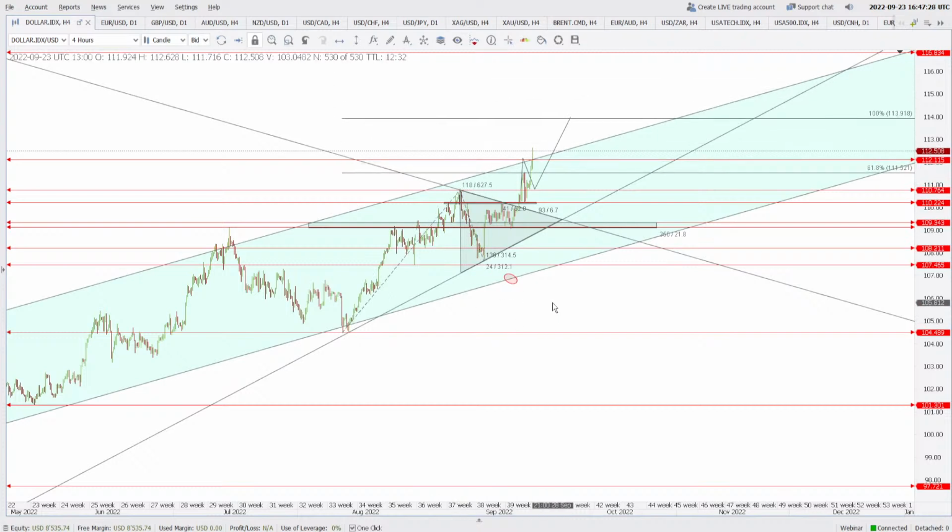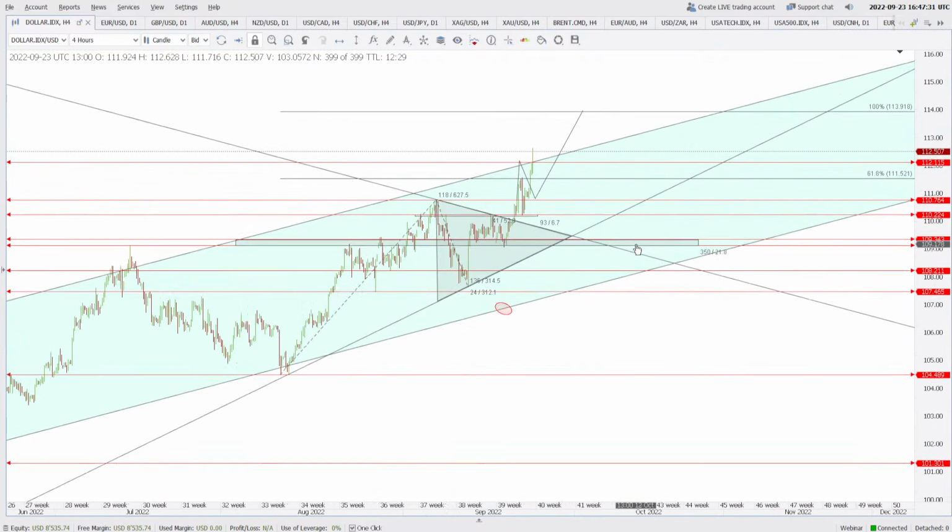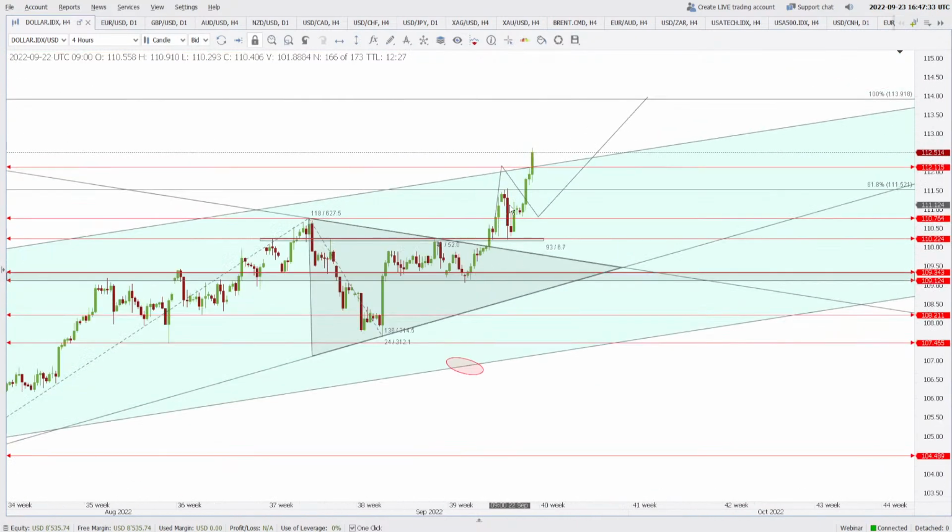So yes, 100% is what I think we should be targeting now, because 61.8% has been a small stoppage for the dollar index here. And now after the break from here, I think 100% is at 113.91. So let us see whether the dollar index is able to reach 113.91 or not. But as of now, 112.11 is going to be a very good support for the dollar index if the price starts coming down for any reason.